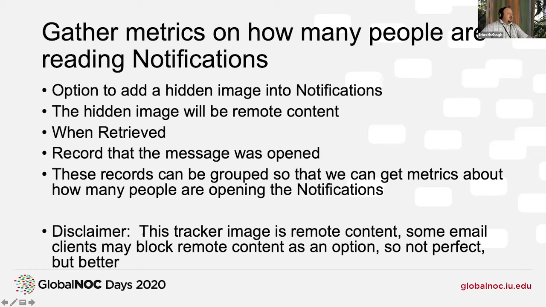The one downside, and this is true with any of those tracker images, is that it is remote content. So if you use an email client that blocks remote content by default, unless you allow it, it's not going to be able to capture that you've read that. So it's not perfect, but it is better than what we're able to get today.